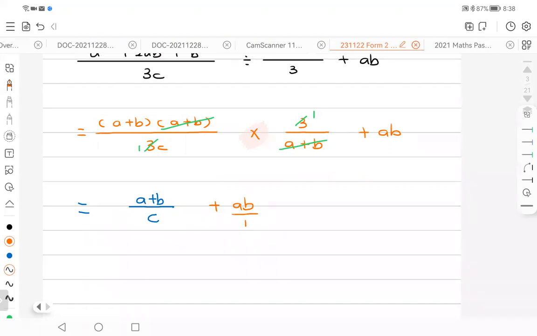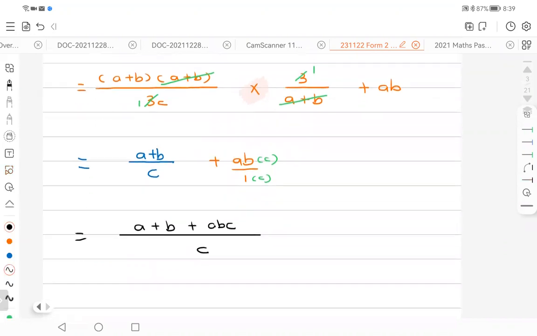So how to equalize the denominator? Times c. On the right side, you multiply with c. Then you can group already. So the final answer will be a plus b plus abc over c. Just like this. Single fraction.